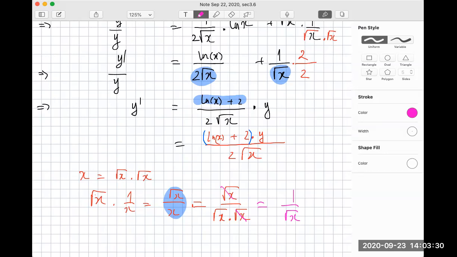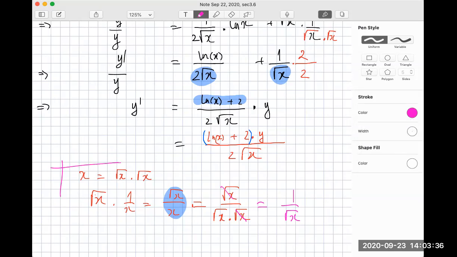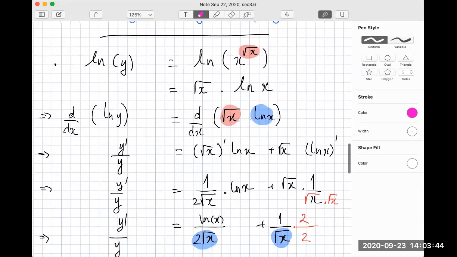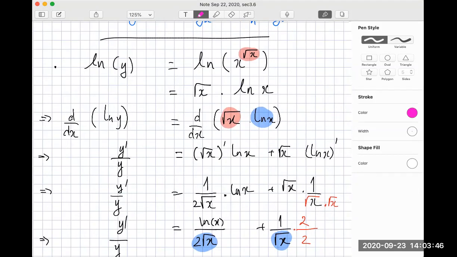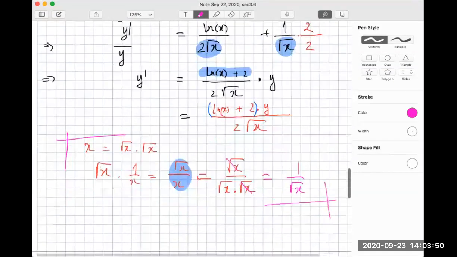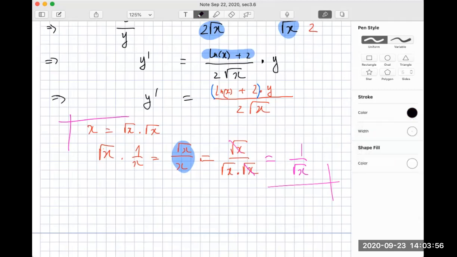So, very good. This is y prime computation, so let me just put it in the box right here, like this. Now we know that y is, by definition, x raised to the power of square root of x. Therefore, from this part, this is y prime, right? So let us continue.